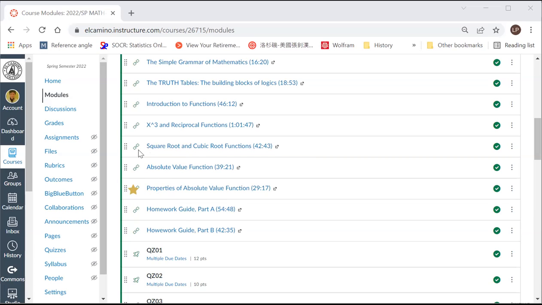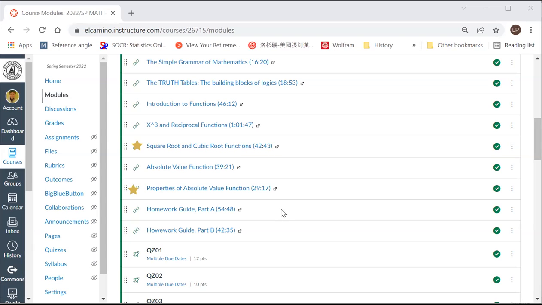The other one you can see is the square root function and cubic root function, which were talked about regarding number 1 and number 2, regarding domain and range. So you must constantly review these lectures.